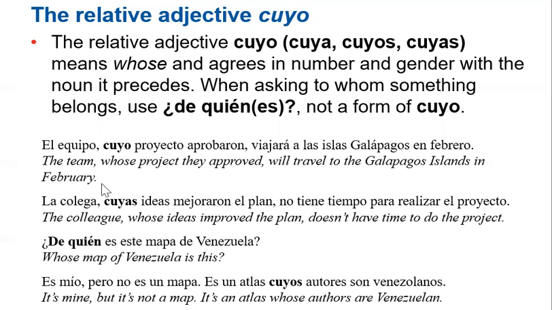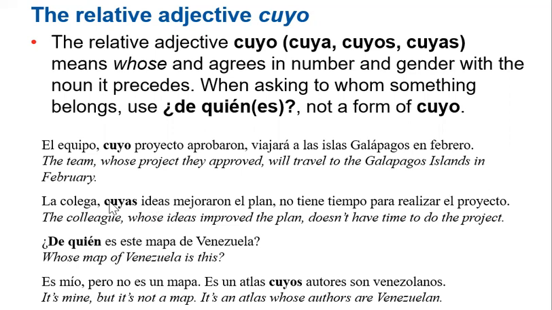So moving on, we've got la colega as our subject here, and then we're going to give a little more information about this colleague. We're going to say that her ideas improved the plan, or whose ideas improved the plan. The colleague whose ideas improved the plan. We're using cuyas here because of la idea or las ideas. It's la idea. It's a feminine noun.